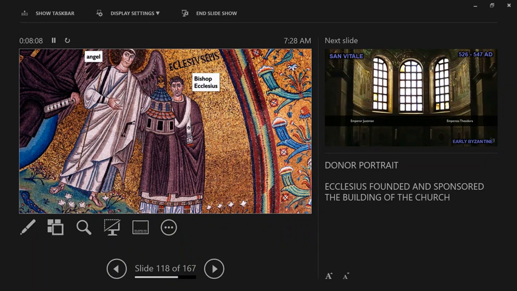I made it for God. And so the angel is accepting it on behalf of Jesus. So anytime you're looking at these old artworks and they have somebody with a miniature building, that is called a donor portrait. They built that building and they're giving it to God. They built it for God.